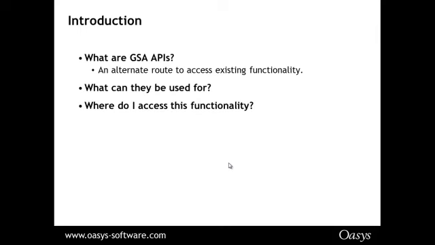Where can I access this functionality? Well, by definition, because COM is a feature that allows remote access to GSA, you won't find any reference to COM within GSA except for in the help file. So to be able to access this functionality, we need to write a program that makes use of the GSA COM object.